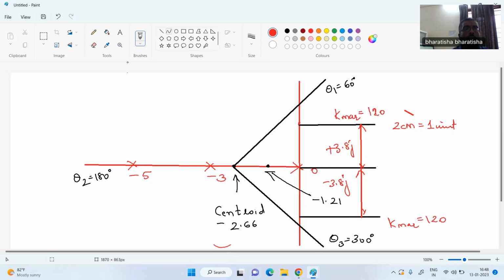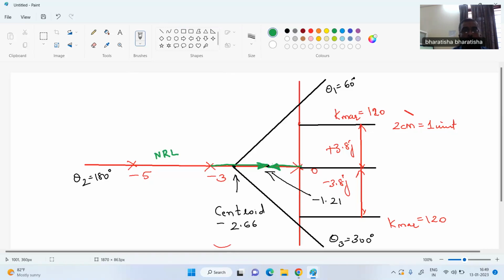Now the question is how to draw the root locus. We will quickly draw it. The root locus will always start from a pole and end at a zero. We already know this. So it starts from this pole and comes to this breakaway point. Here also there is a pole, correct? It cannot go towards the left-hand side because it is a non-root locus region.